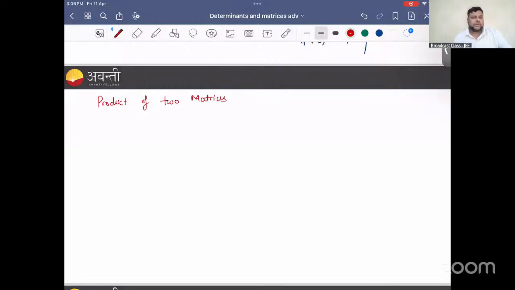So what about the product of two matrices? See, whenever we multiply two matrices, the product of matrices is not simply like the product we do in algebra. So if there are two matrices, say A and B, in their product A is what we call prefactor and B is what we call post factor.